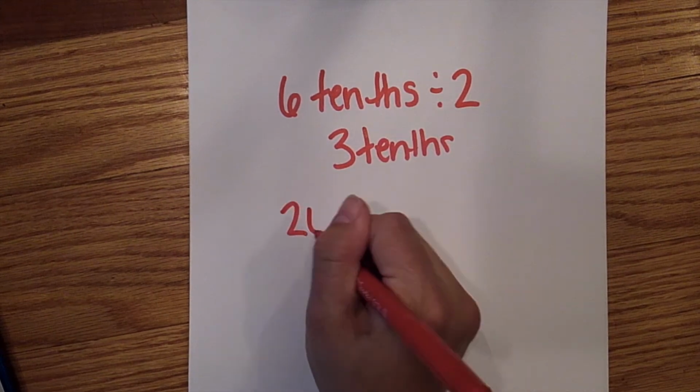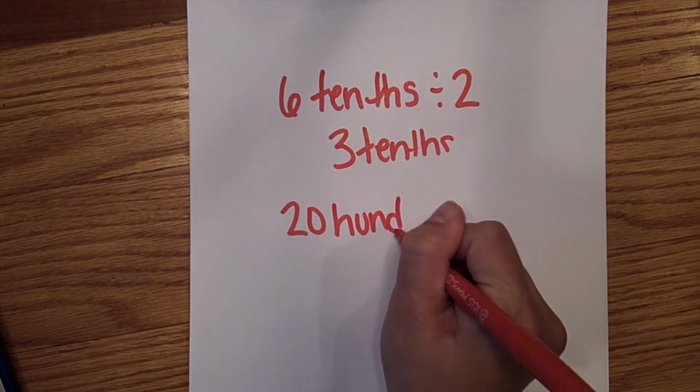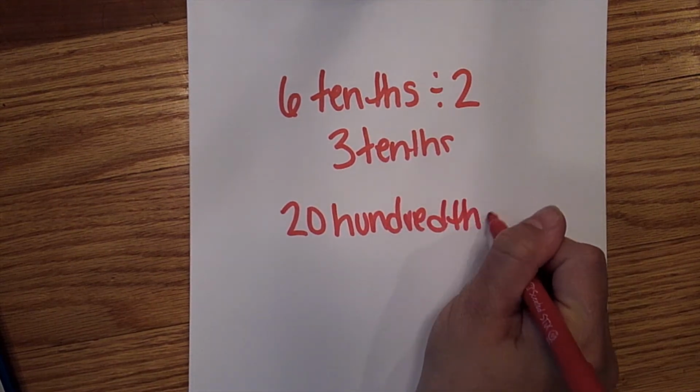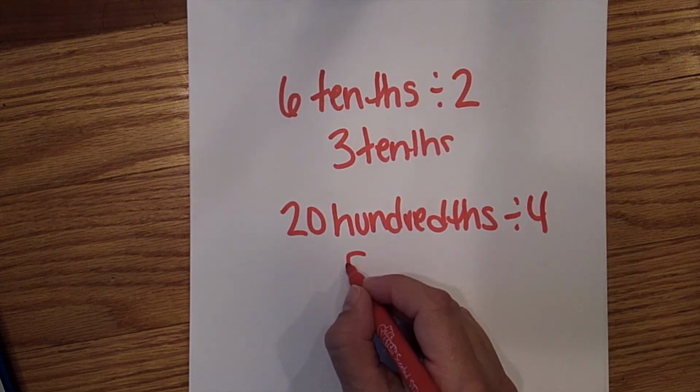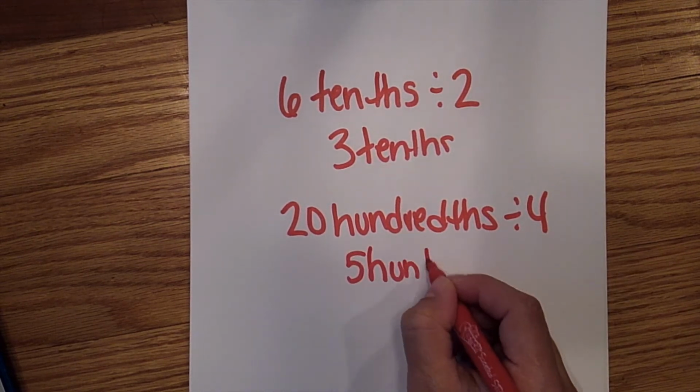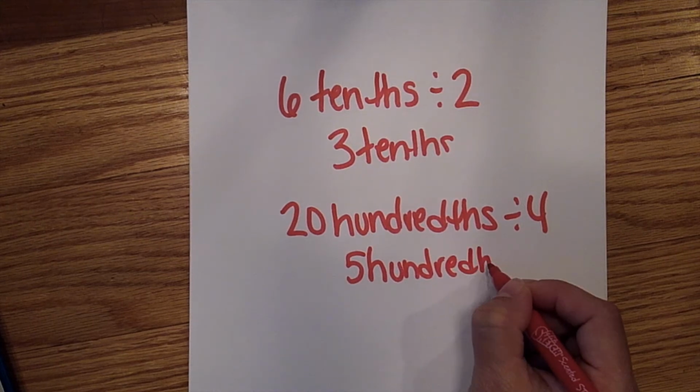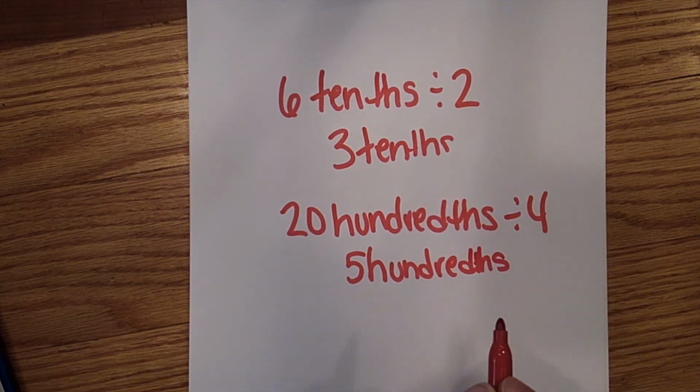You may say 20 hundredths divided by 4, and then they're going to say 5 hundredths. And you can play this using all of your multiplication facts in any unit you want.